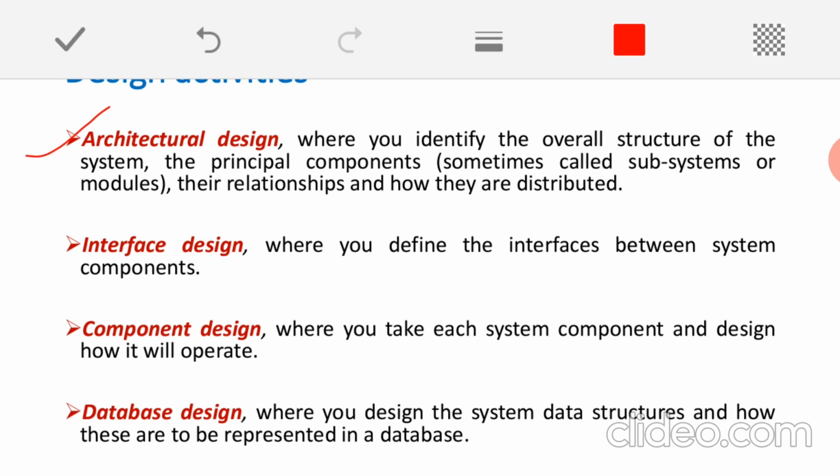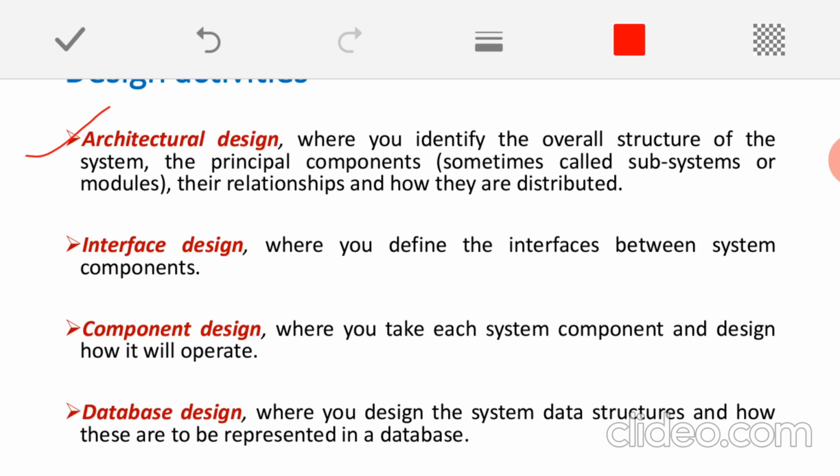So here, architecture in the sense of what? In the very beginning itself, we said that a system is not a single entity. Every system is made up of subsystems, every subsystem is made up of different modules, and every module is made up of components. So when I combine multiple components, I may get one module.